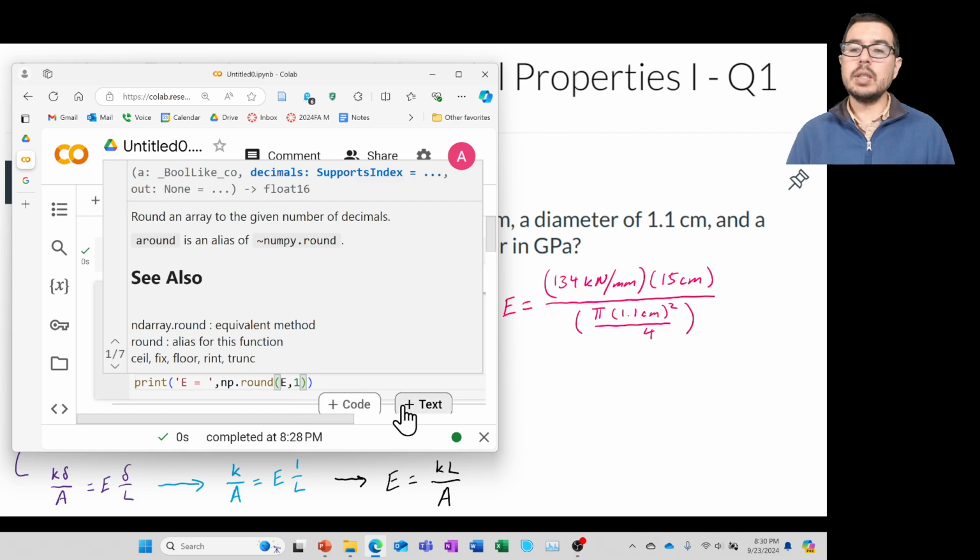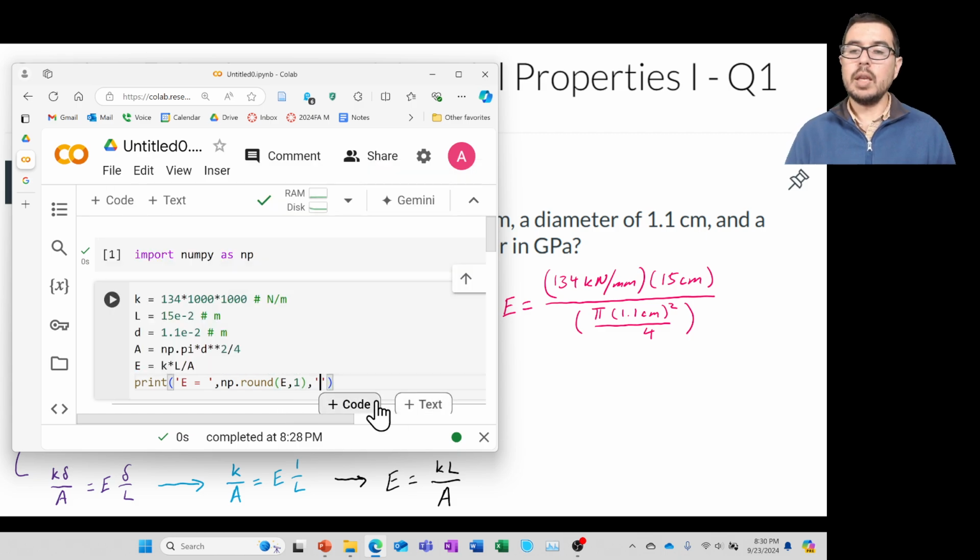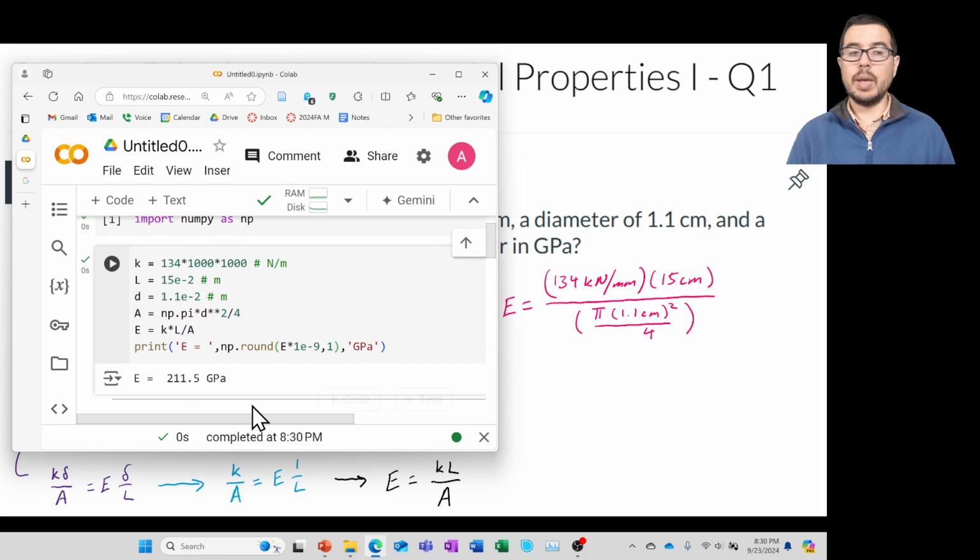If we do this, this will give us the answer in pascals, but we want it in gigapascals. So we're going to put a G there, and multiply by 1e to the minus 9, like this. We run this, and what do we get? 212 gigapascals.